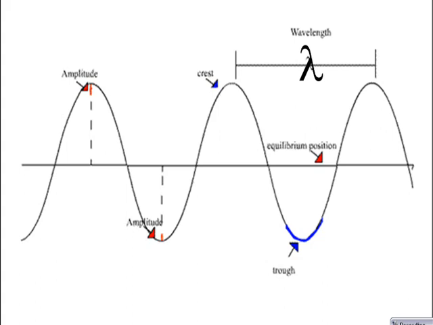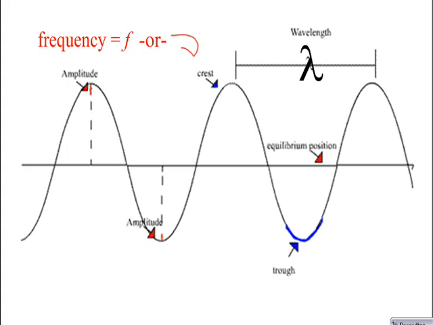The number of wavelengths, or the number of cycles that pass a certain point in space, is called the frequency, which in physics is symbolized by the letter f, or by the Greek letter nu, which looks like a V with a little bit of a racing stripe on it.